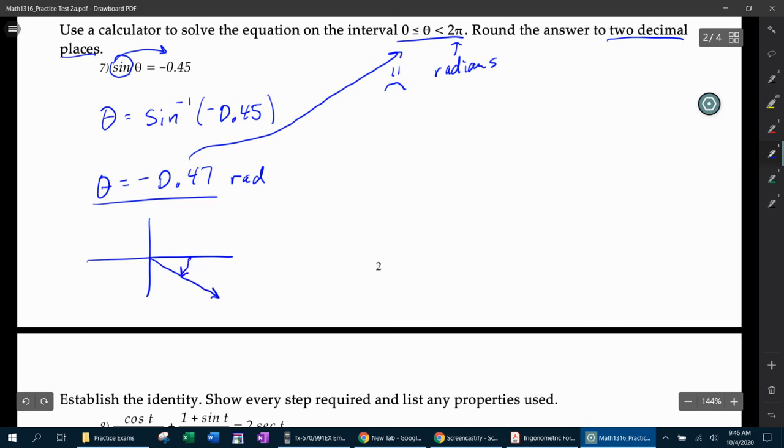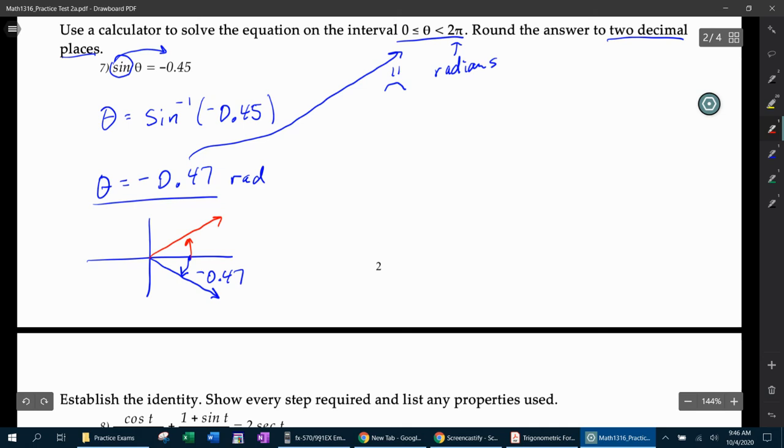All right, so if we think about this, from 0 degrees, negative 0.47 would be in quadrant 4, going clockwise. And so we're going to need the two positive angles that would produce the same solution. And so those angles are going to have the same reference angle here.